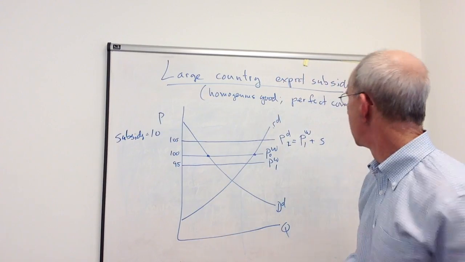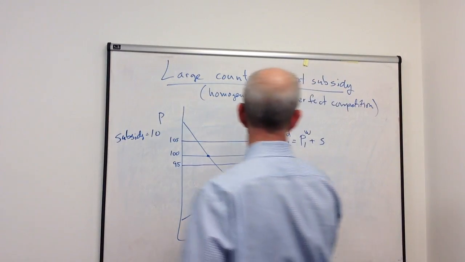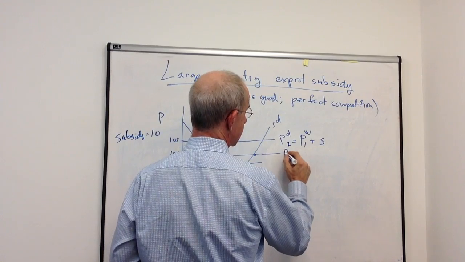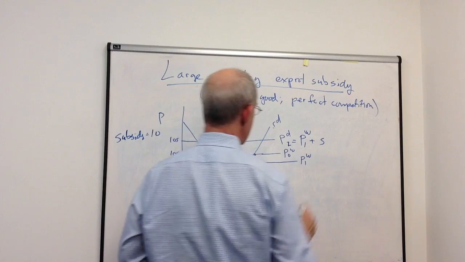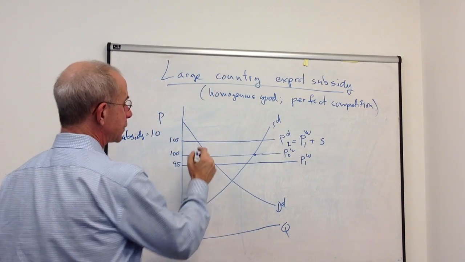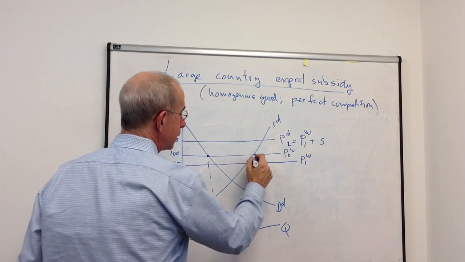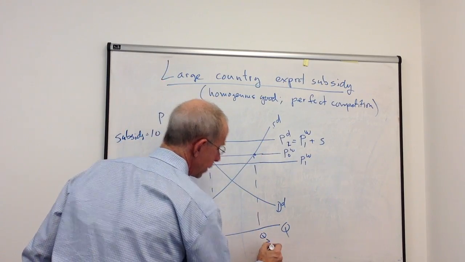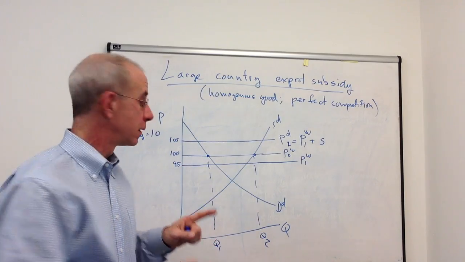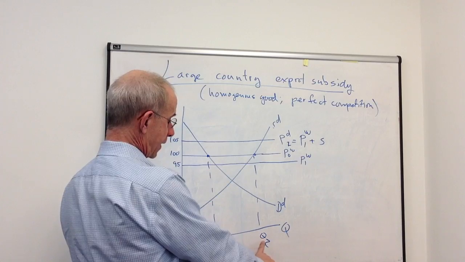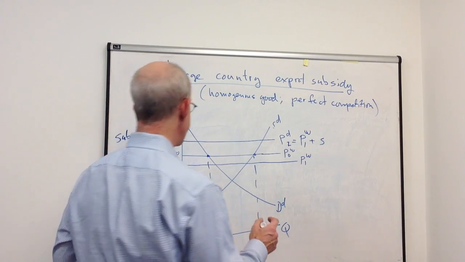So let's extend these lines and do the analysis of the impact. Again, that's the original world price, that's the new world price. And so what you have, Q1 to Q2 was the original amount of exports. Q2 was produced, Q1 was demanded inside the domestic economy.